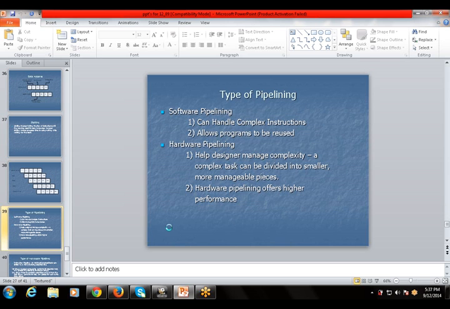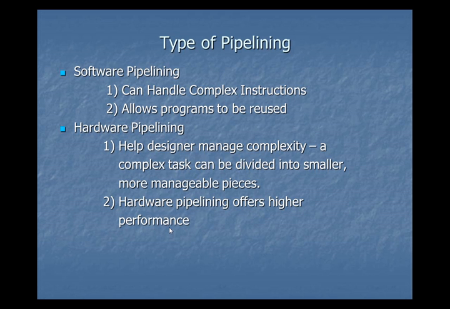Here is the pipeline. Now the next topic is the types of pipelining. Means what are the categories? The brief categorization is software pipelining and hardware pipelining.